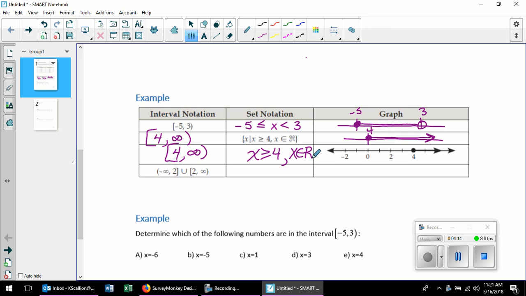All right, this one. So this is saying it's got 2 parts to it. What is it saying? It's kind of a strict question in set notation. It includes 2, and it goes from negative infinity to positive infinity. So in set notation, I just simply write this. That's every number.